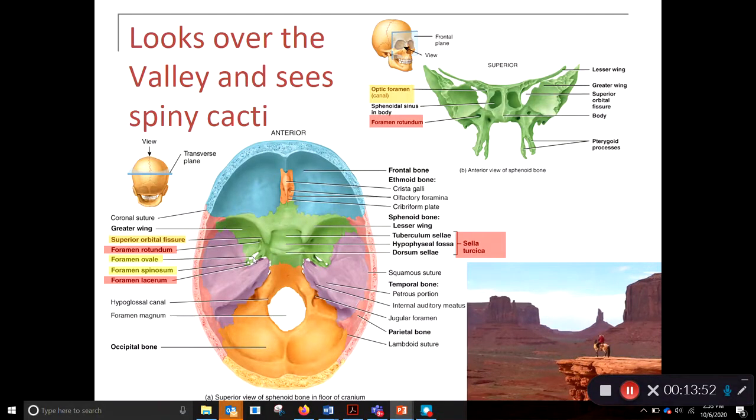And you're noticing in that valley that it's very pointy and spiny with the cactuses. It's got a lot of spines, the foramen spinosum. So foramen ovale and foramen spinosum are right there in between your rotundum and lacerum as you look off to your side.